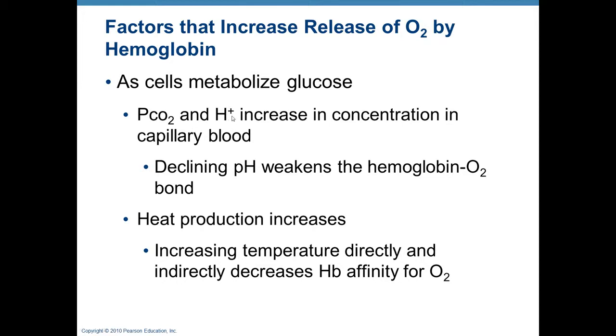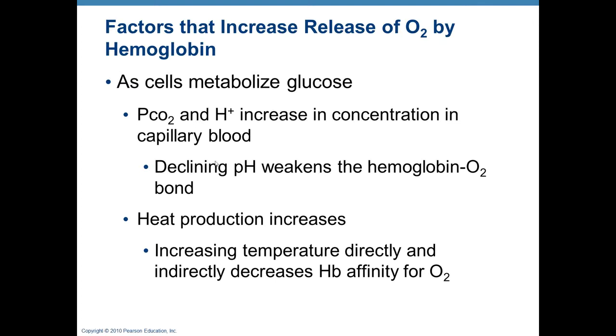So hydrogen ions, the more hydrogen ions you have, that means your body fluids are more acidic, pH is lower. If you have fewer hydrogen ions, your pH goes up. That's an alkaline type condition. Hydrogen ions will go up due to an increase in metabolism, cellular respiration.